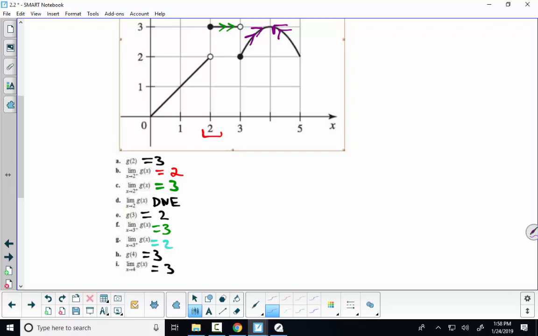Part H and Part I tell us that we didn't have any issues evaluating the limit at 4, for instance, because 4 was completely contained within one piece, right? So is 4.5, so is 3.5. It's only on these piecewise functions where we start approaching the endpoints of the various pieces that we have to start looking at one-sided limits.